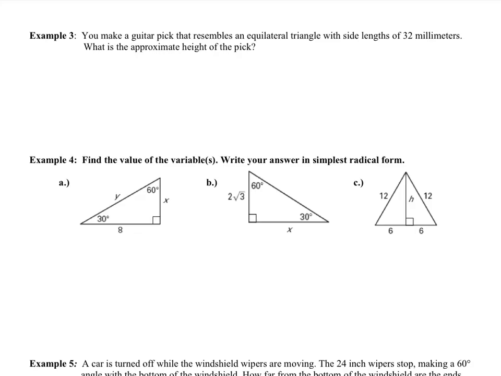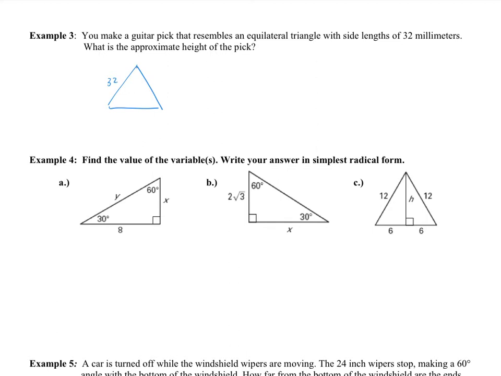Example 3. You make a guitar pick that resembles an equilateral triangle. So I'm going to draw an equilateral triangle with side lengths 32 millimeters. What is the approximate height of the pick?